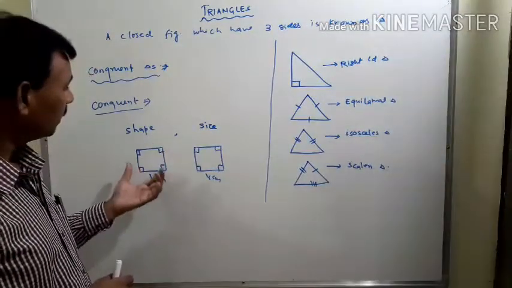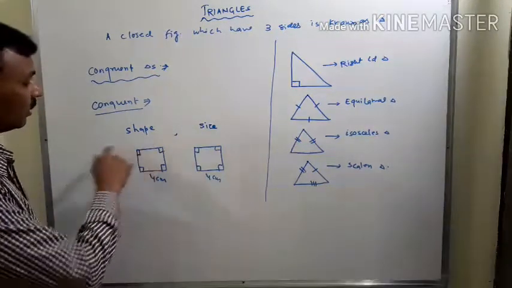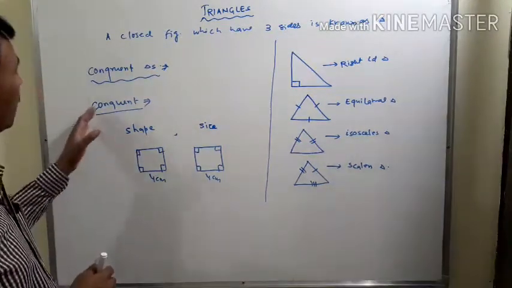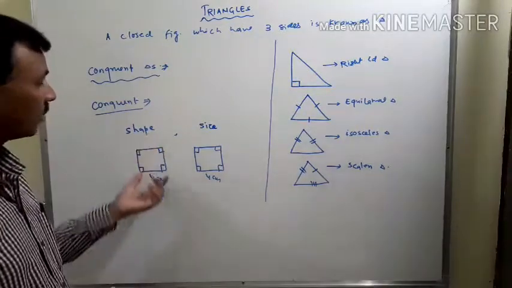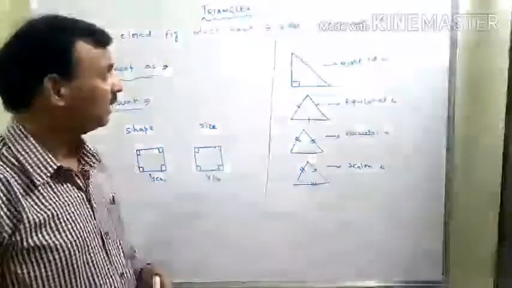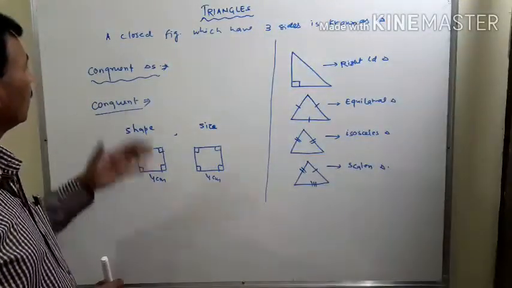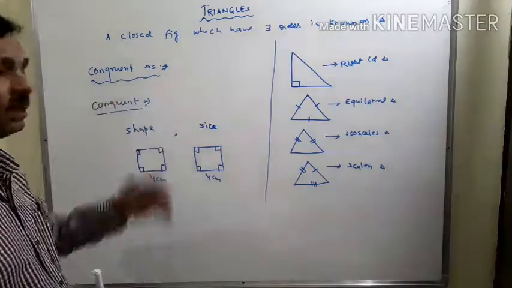Now here there are two things. First, if you take some geometrical figures such as a square, rectangle, triangle, etc., then how do we define whether both figures are congruent or not?